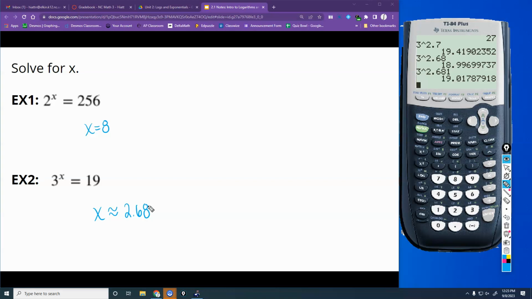I hope he paid attention to something on the rest of the notes, because he had sat there and messed in his calculator until he got it to work where it was 19. Now, the interesting thing is, it still wasn't exact. It had just reached the limits of the calculator, where the calculator was rounding it to 19, because the calculator can only hold so many decimal places before it's just going to round it off. But it was probably accurate enough for anything you would use it for.